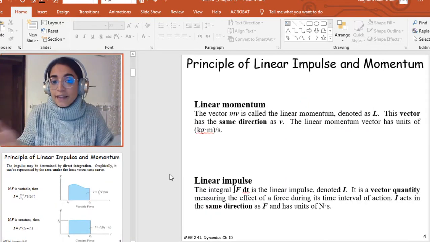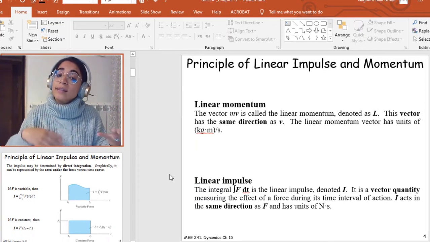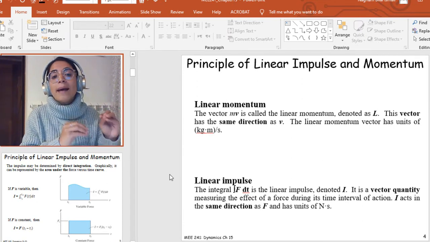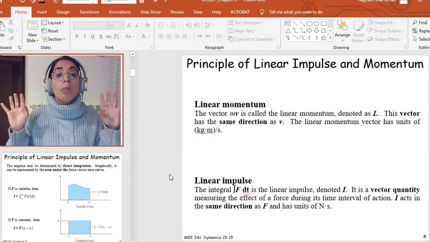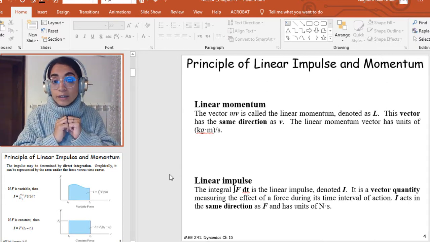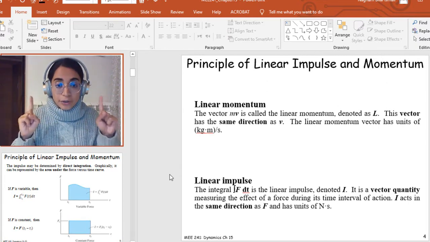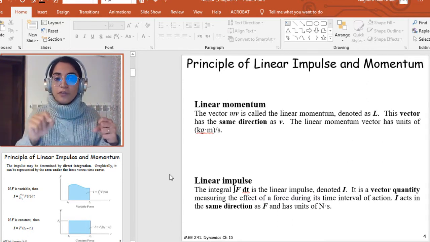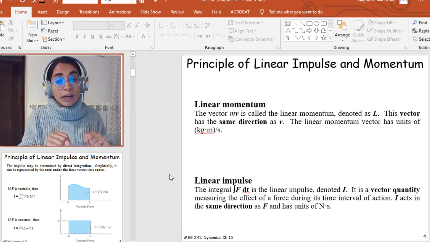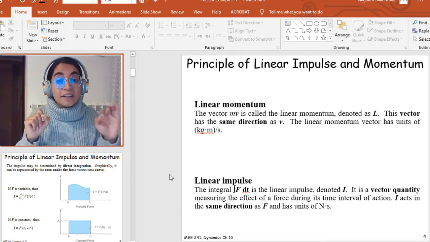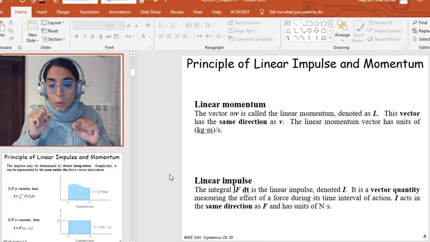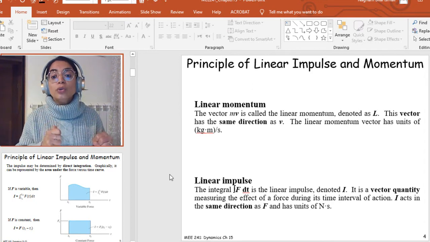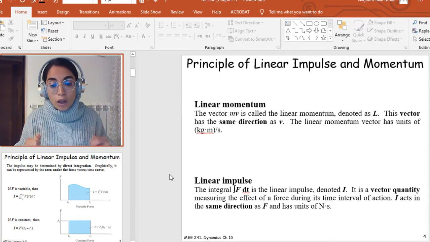Now, what is the definition of linear momentum and what's the definition of linear impulse? In fact, guys, the linear momentum and the linear impulse are both vectors, all right? So they are not scalar, they are vectors. Now, the linear momentum is defined as the mass times v in vector form, while the linear impulse is defined as the integration of F dt, which means it's a vector quantity measuring the effect of a force during its time interval of action.